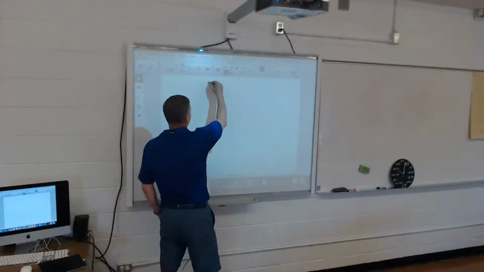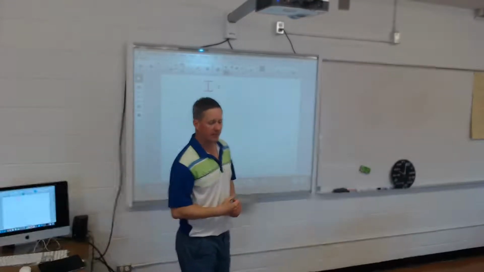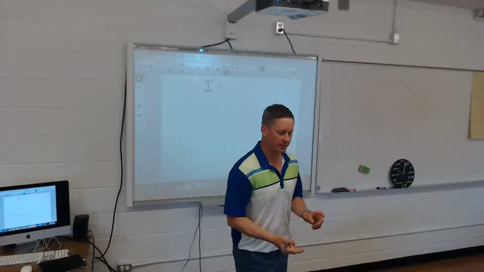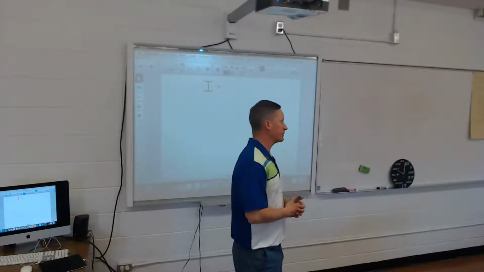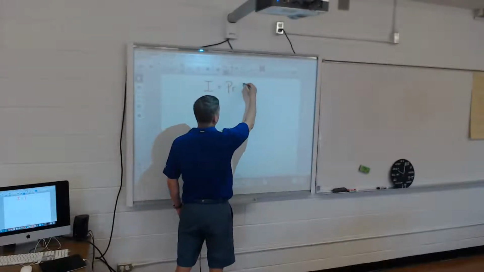We haven't talked a lot about it in grade 10, but I'm going to bring it up right now. To find the amount of interest you earn off of an investment, there are 2 types of interest we work with. The first is simple, and the second is compound interest. We're not going to deal with compound interest, we're just working with simple interest, and simple interest is I equals PRT.